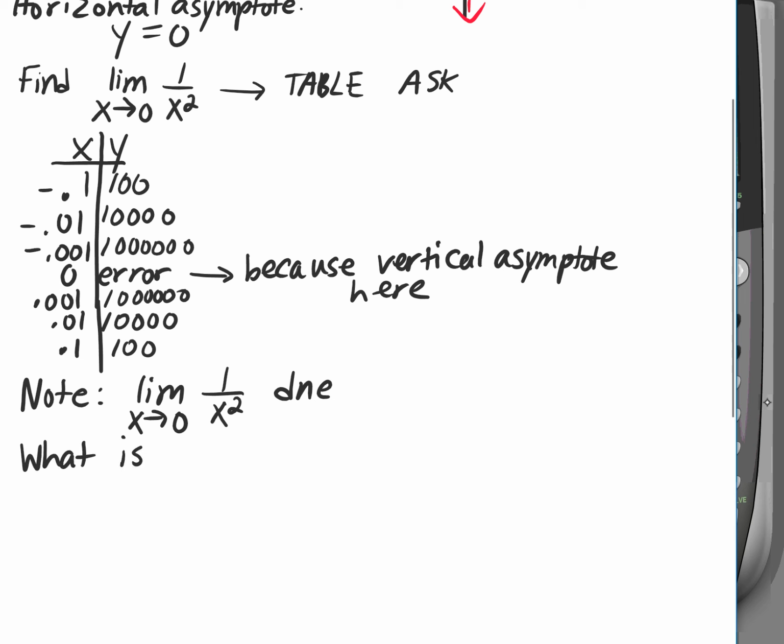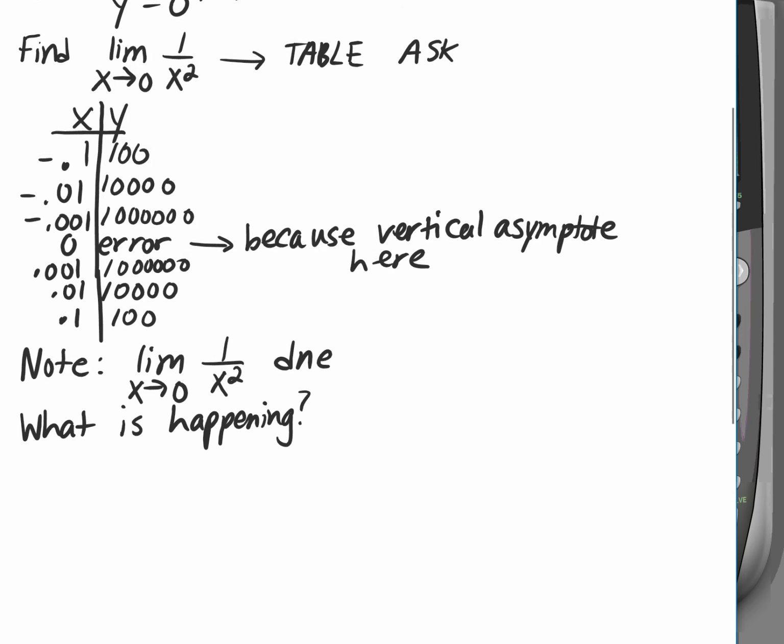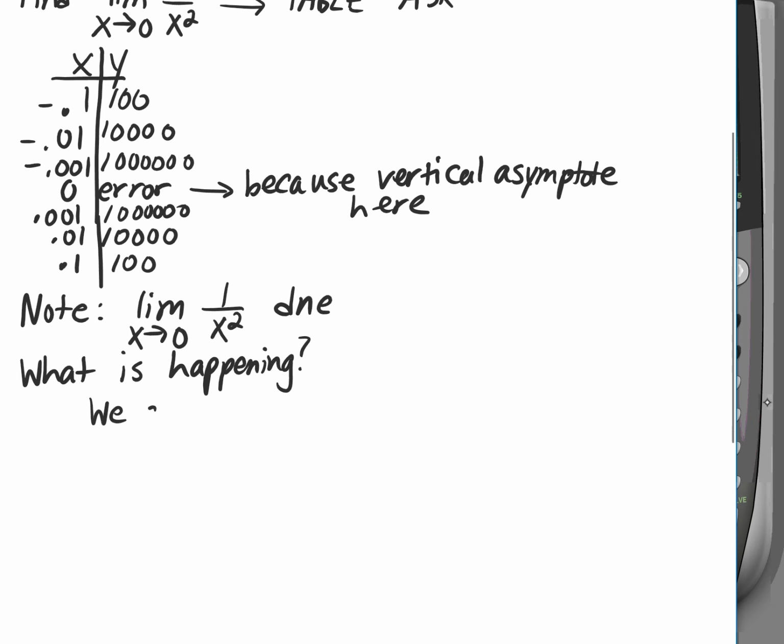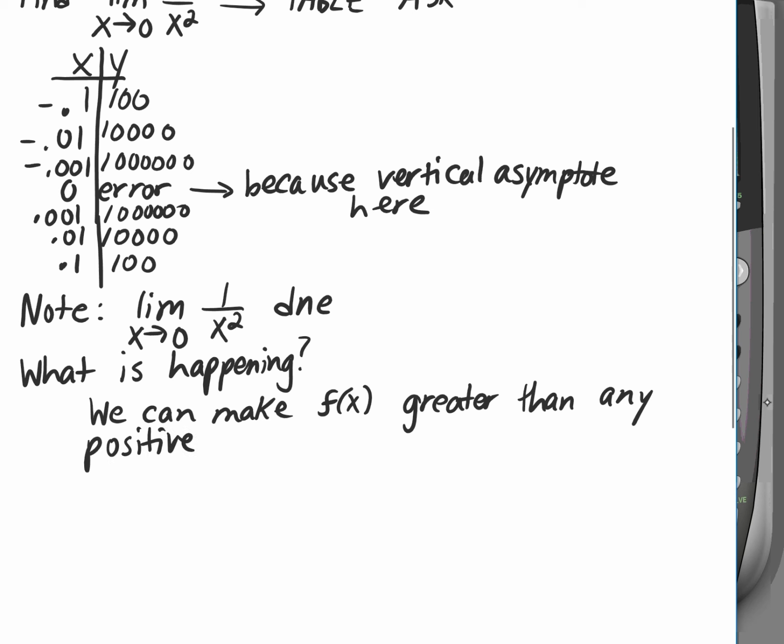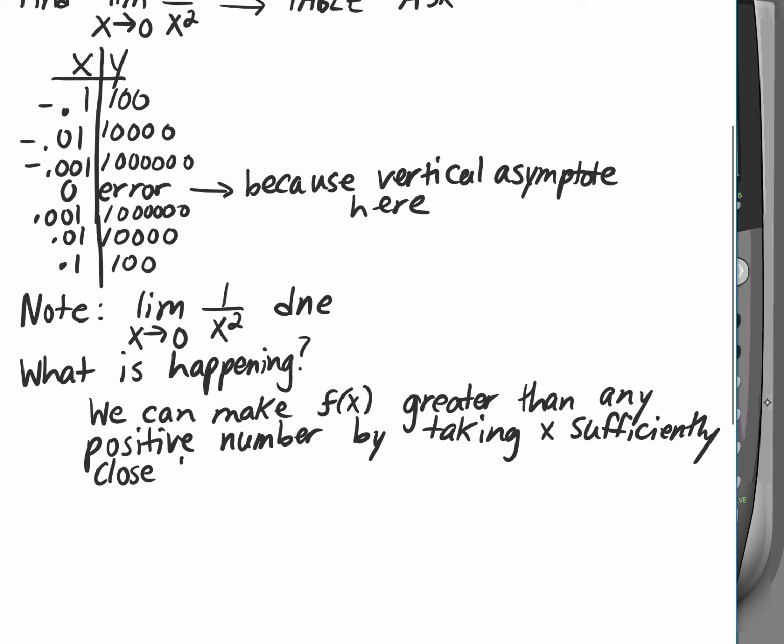So we really want to look at what is happening here. And what's happening is we can make f of x greater than any positive number, actually, not integer, by taking x sufficiently close to 0, but not equal to 0.